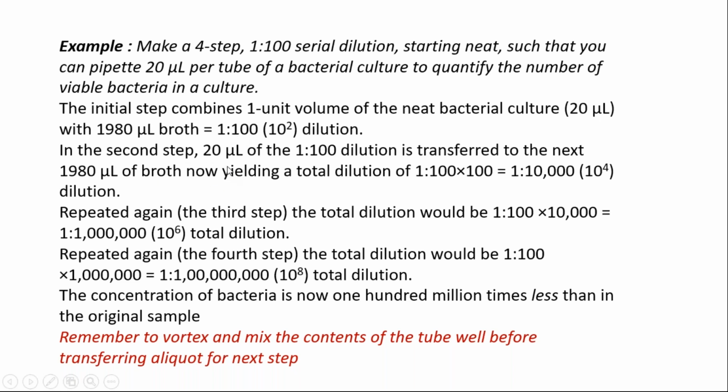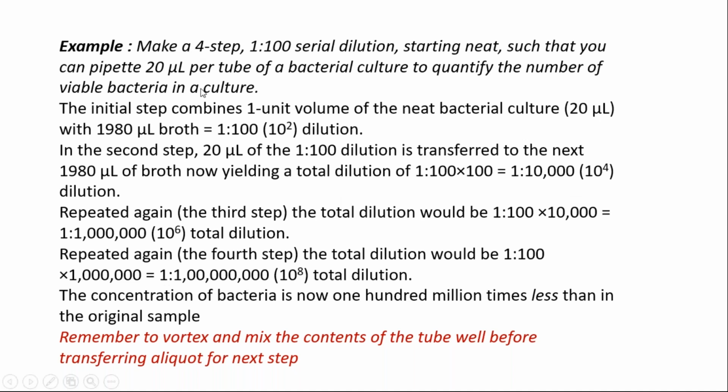In the second step, you take 20 microliters of the first dilution and again transfer into 1980, and what you get is 10 to the power of 2 into 10 to the power of 2, which is 10 to the power of 4. If you repeat the dilution the same way, where you take 20 microliters from this and add to 1980 microliters of the next tube, you get 10 to the power of 2 into 10 to the power of 4, which is 10 to the power of 6.